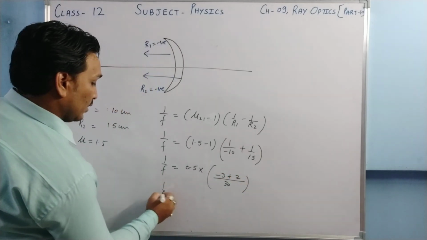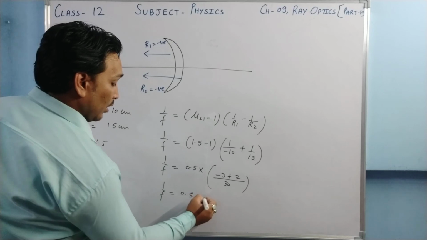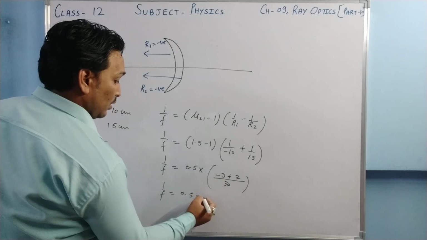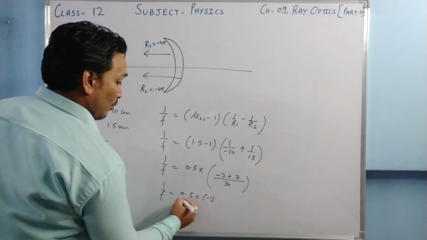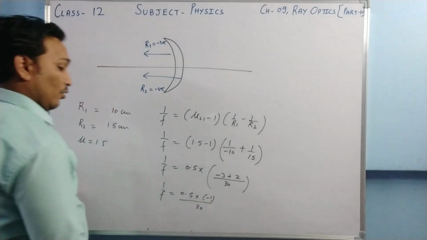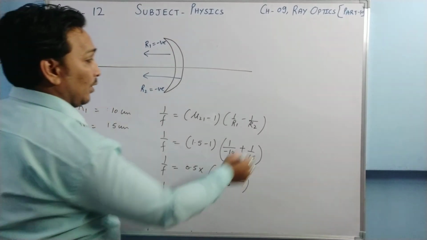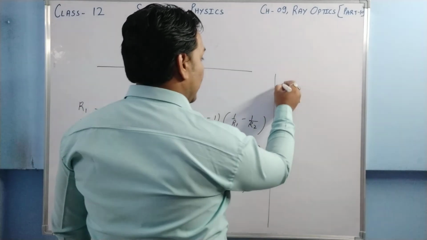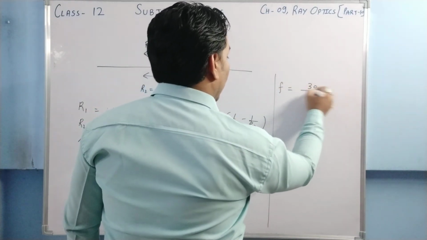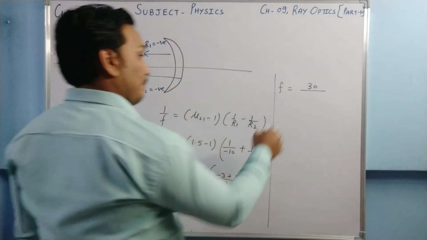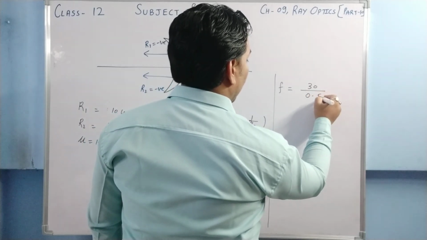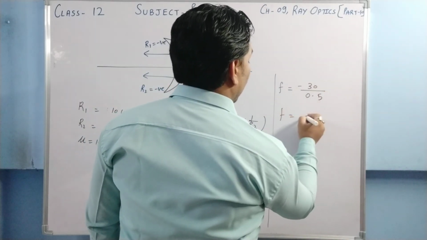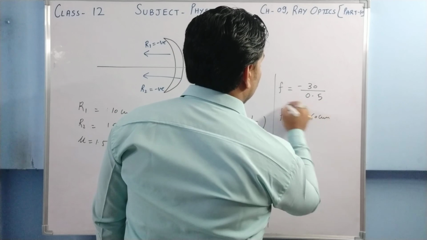So 1 upon F is equal to 0.5 multiplied by minus 1 upon 30. If it is multiplied with the minus sign, F is equal to 30 upon 0.5 with negative sign. So F is going to be minus 60 centimeter.